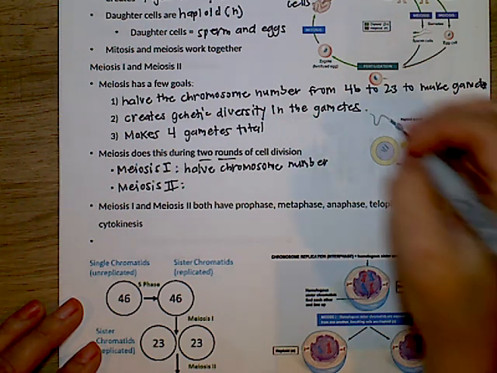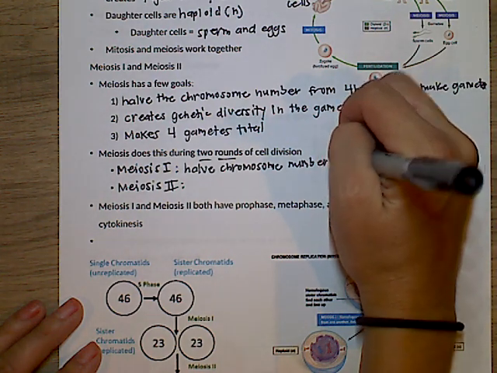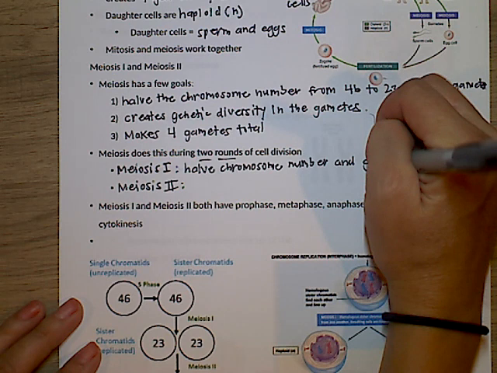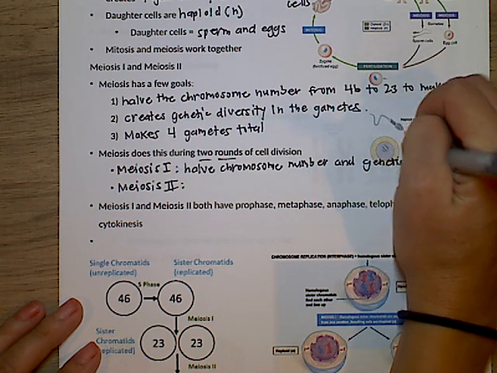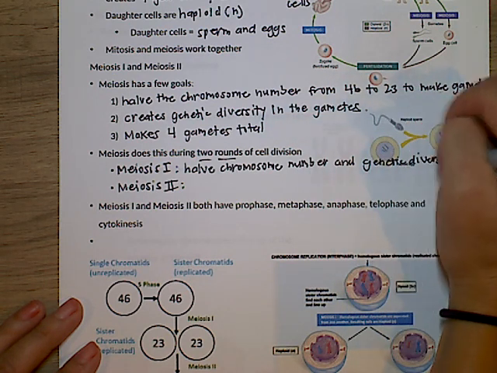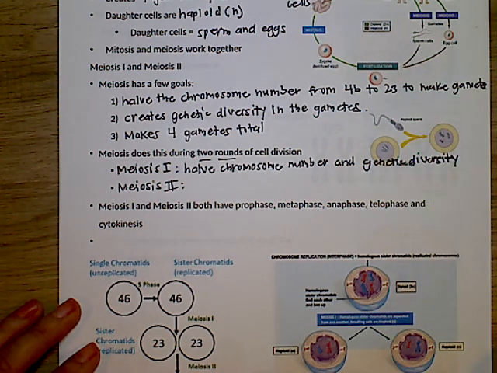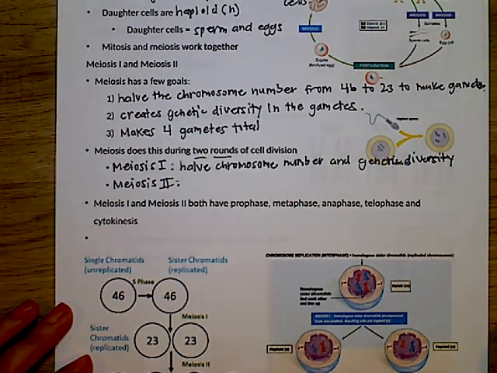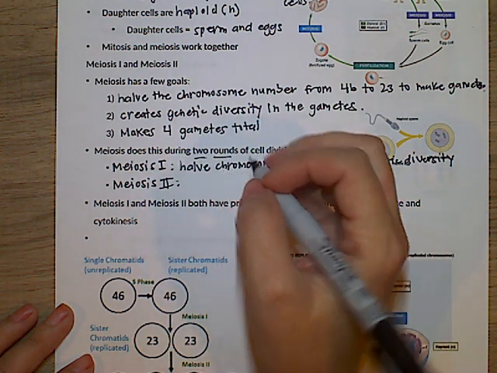And during this stage, this is where we get our genetic diversity. Right, and over the model there, I'm sorry. Meiosis 2 is a second division where we end up with 4 gametes.